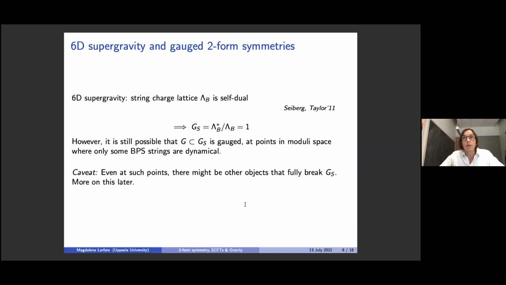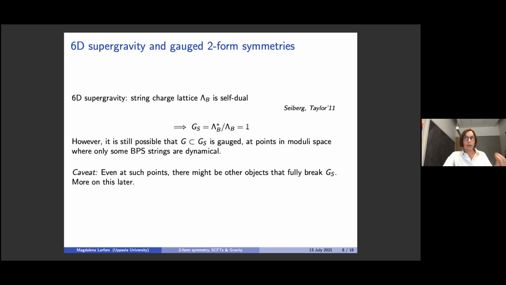First things first, if we look at six-dimensional supergravity and the full string charge lattice, it has been shown that this is self-dual. So there cannot be any point where there is a global two-form symmetry, simply because this is a self-dual lattice.